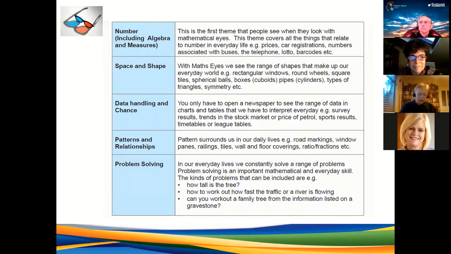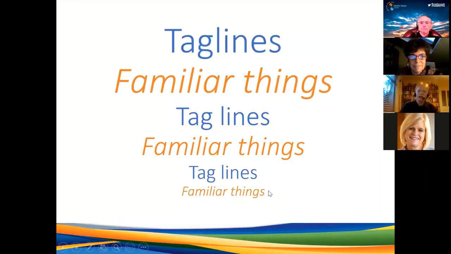And speaking of which, when we're looking at images, the most important thing is this idea of a tagline. So at a very straightforward level, you can use one of the posters that's in the Maths Eyes resource pack, or something in the room, or in the playground, or somewhere in the children's environment, and you try to come up with a tagline, which is not really a statement about the thing.